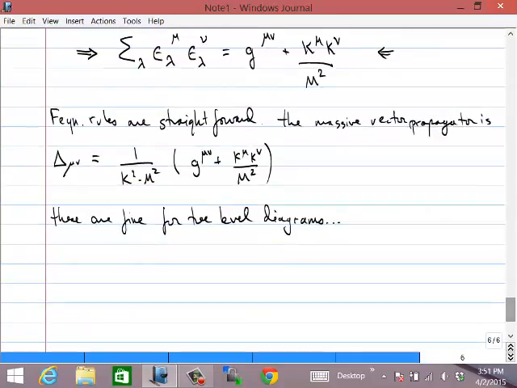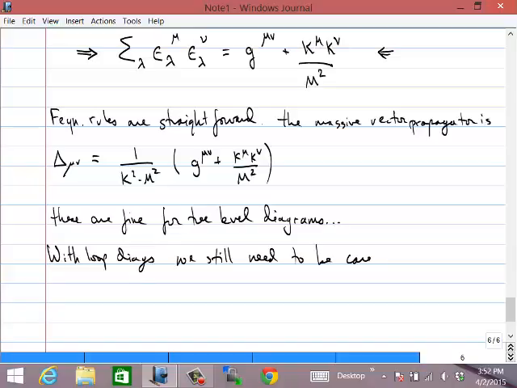When you work with loop diagrams, it turns out that we still need to be careful to take into account gauge invariance. In particular, as we learned, the theory is still gauge invariant.